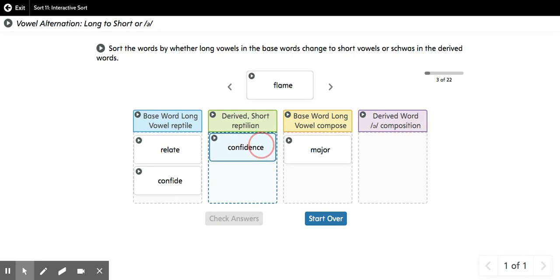And one thing you might need to do is go through your words a little bit and see what they get switched to, because you might not automatically know that confide is going to be turned to confidence. So you might need to go through and play around and look. Like here I see the word define. Okay, I'm going to look for what this is going to get switched to.